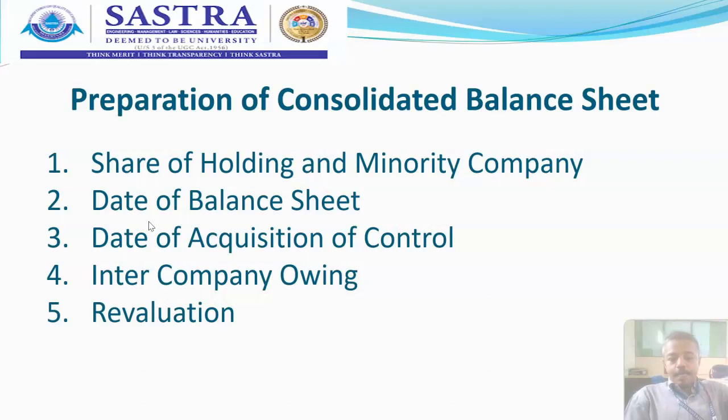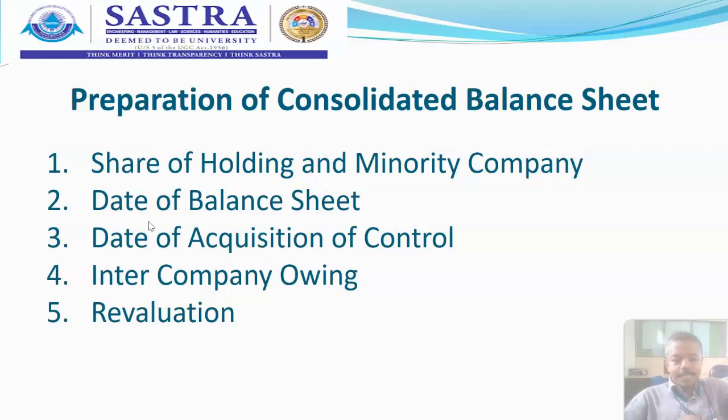The holding company acquires more than 50% of the shares of the subsidiary company. So this we all have a common understanding, right? When a holding company acquires more than 50%, then it becomes the holding company of that subsidiary.